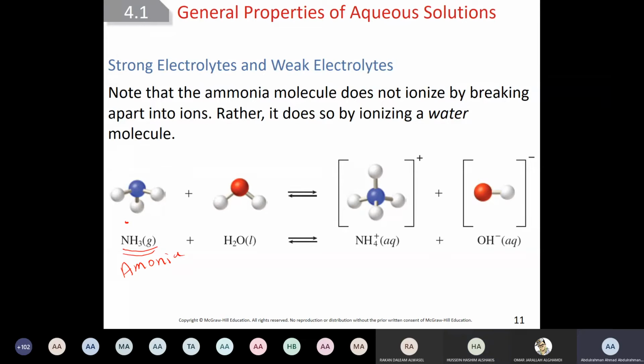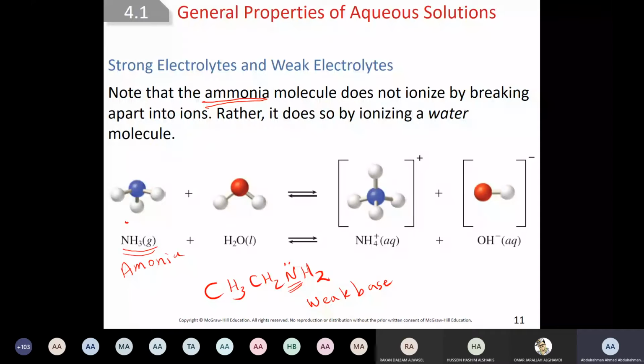Any organic compound that contains nitrogen, I draw two electrons because... all right. Anything that contains nitrogen is considered to be a weak base, and of course, a weak electrolyte. Is this clear? So this is the weak electrolyte of the bases.